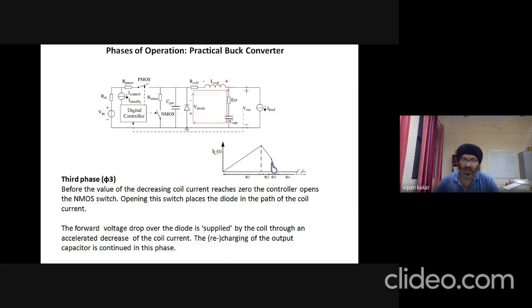And now, through this freewheeling diode, this inductor is allowed to completely discharge its energy. So whatever energy was stored in phase 1 is now completely discharged in phase 3 through the freewheeling diode.